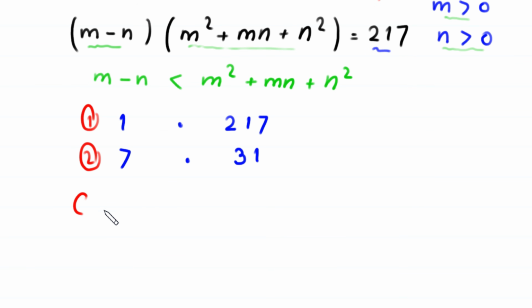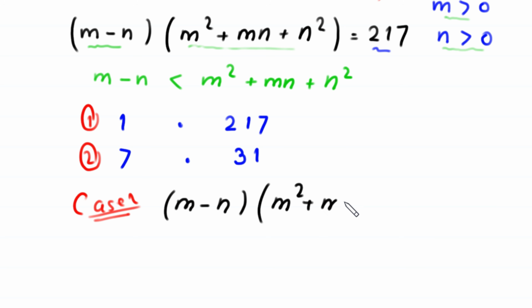First we solve case number 1. In the first case we write these factors m minus n times m squared plus m times n plus n squared equal to 1 times 217.